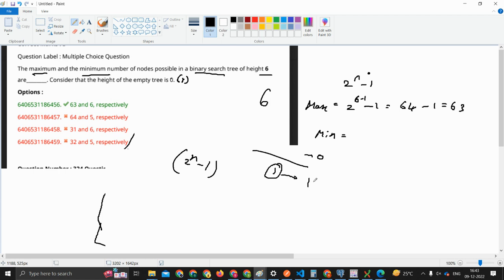That question came about the number of leaf nodes and number of nodes with children. Actually, one question was: how many nodes are there with two children? The number of nodes with two children will be equal to the number of leaves minus one. That's correct, the same thing in the binary tree also.